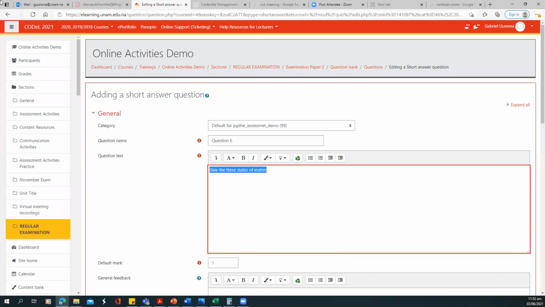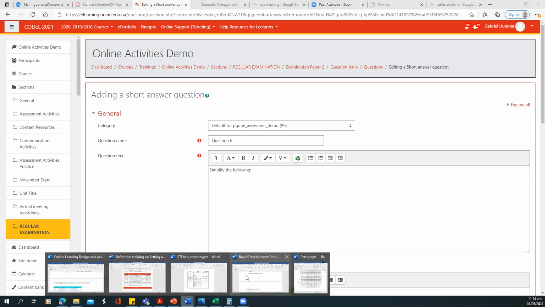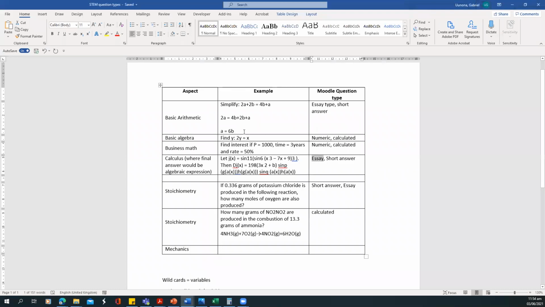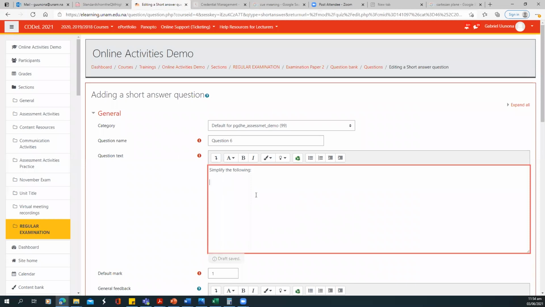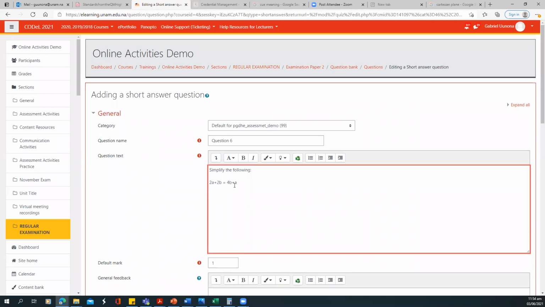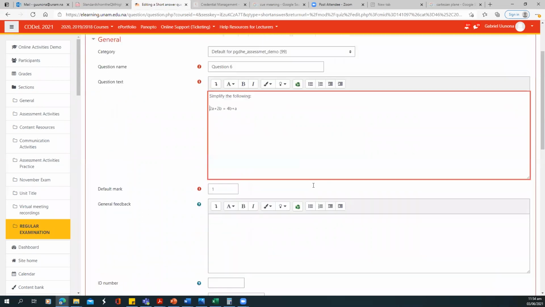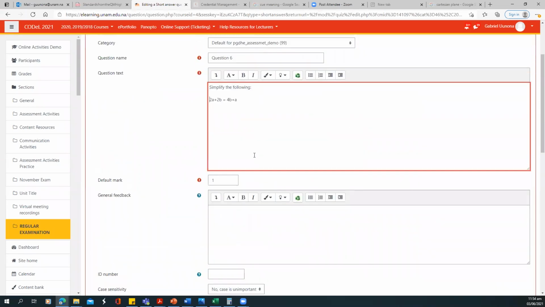Okay, the next scenario is in mathematics. If you would expect an answer to be an expression, take this: 2A plus 2B is 4B plus A. Students need to collect like terms.